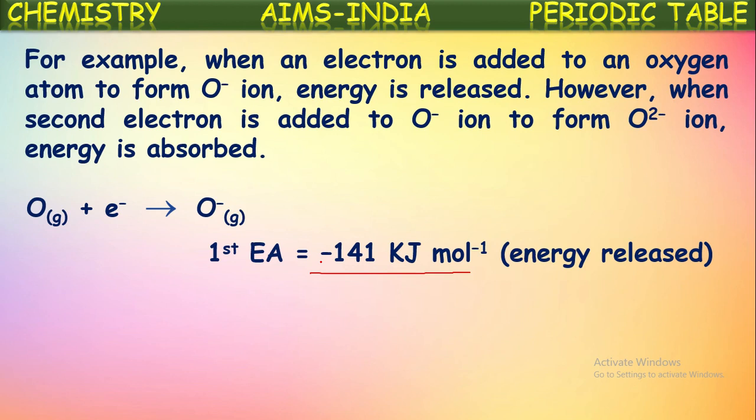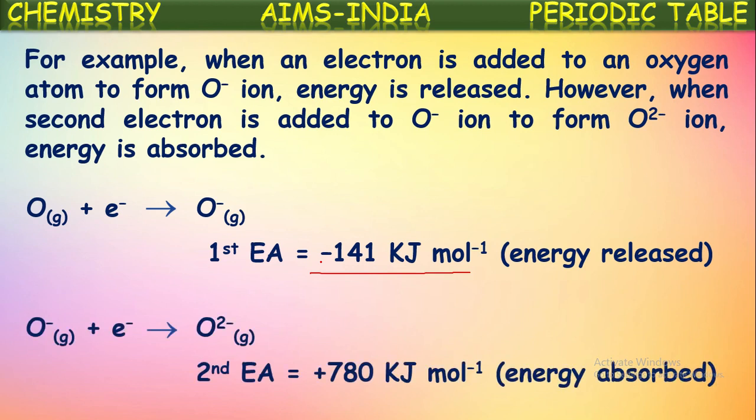Whereas if the second electron is given to that O minus ion, then while taking that second electron, oxygen absorbs a certain amount of energy from the surroundings instead of releasing it. So this amount of energy is taken by oxygen while taking the second electron. So we say it is an endothermic process. That is why it is shown with a positive symbol.